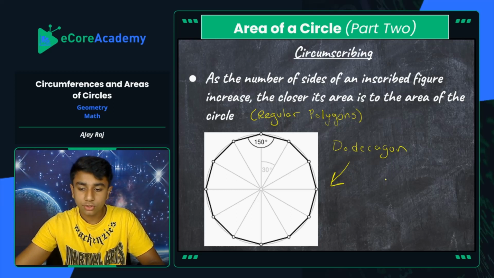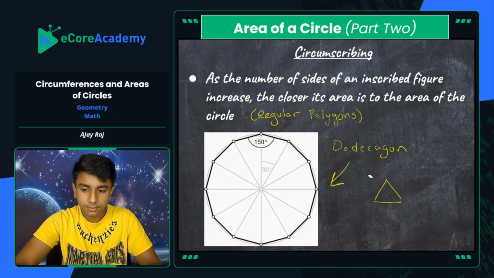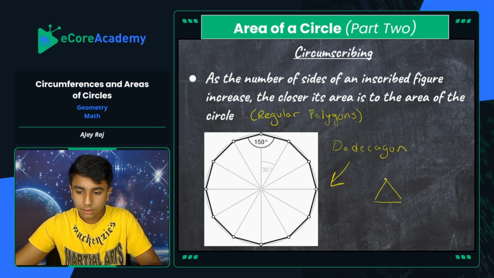But if you were to have a triangle instead, say for example here, the least amount of sides, and a circle circumscribed here that connects all of its points, as you can see, it obviously does not look similar to this circle, and it looks much smaller.